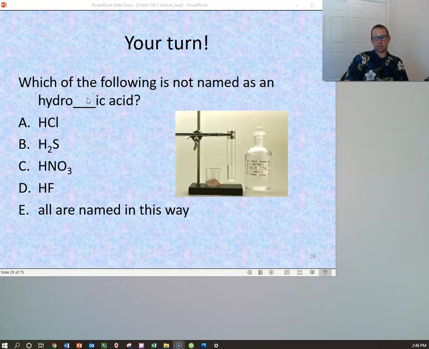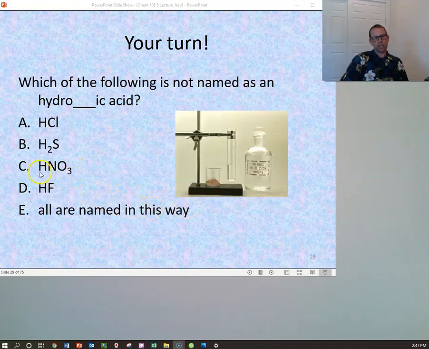Binary. Binary are named hydro-blank-ic. So which one of these are not binary? B is binary because there's only hydrogen and sulfur. So that is a binary acid. So it will be named hydrosulfuric acid. So not that one.